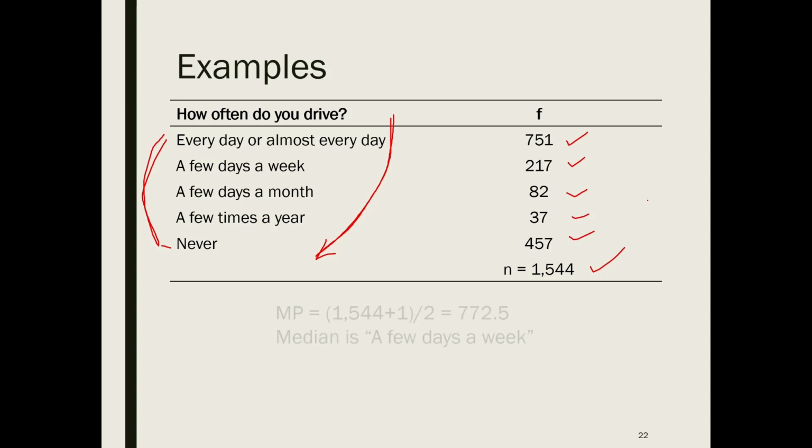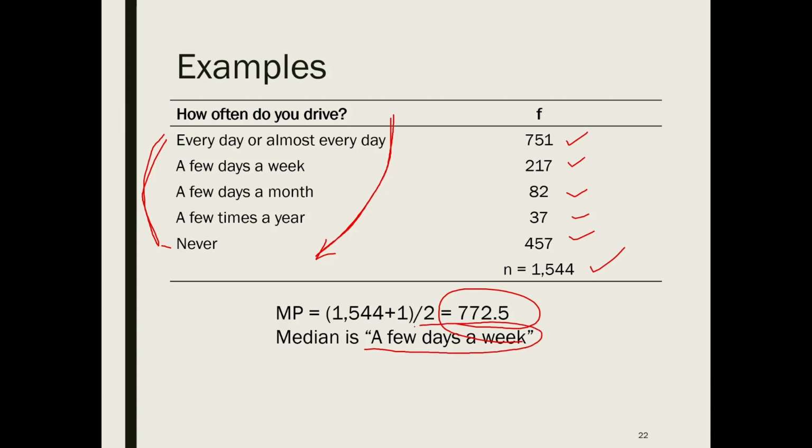We need to calculate the median position. The median position is 772.5 here. Now this is a little bit of a tricky part. I already gave you the answer: a few days a week. What we think about is that if we ask people to stand here one by one, there are lots of people standing here one by one, right?